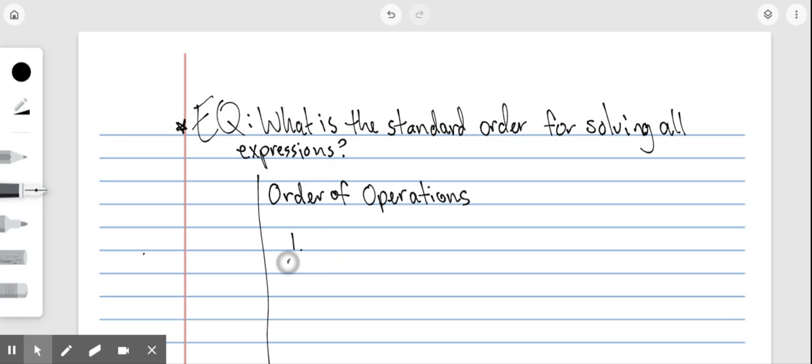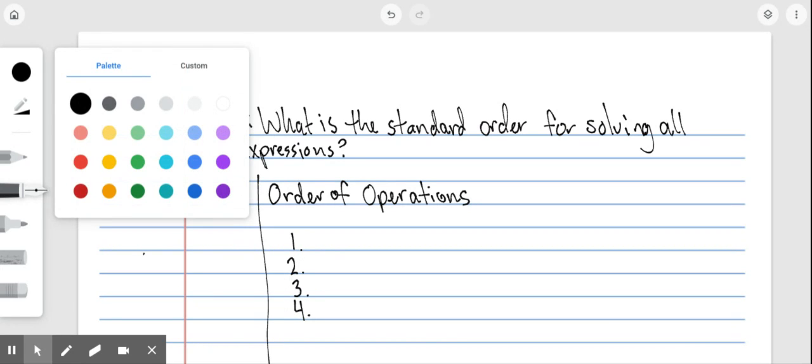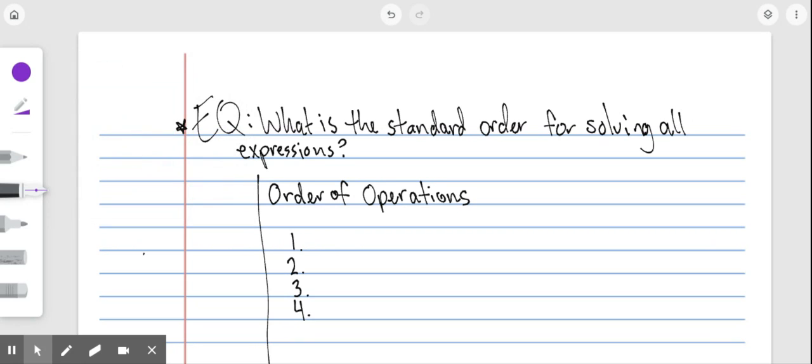1, 2, 3, 4. I'm going to wait for a few seconds and hopefully you come up with the very first thing that you look for in an expression. The very first thing. You should have come up with parentheses or grouping symbols. I'm pretty sure that everybody in the chat said parentheses or grouping symbols of some sort.